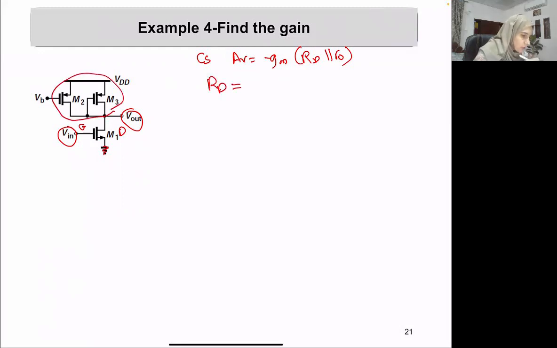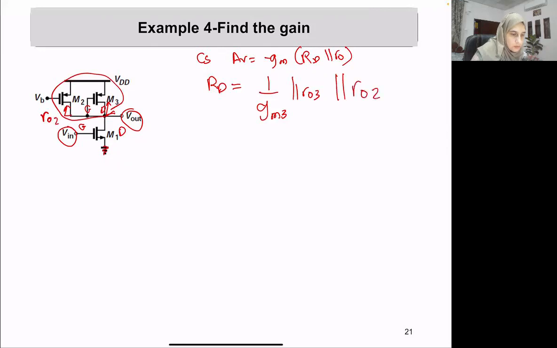On M3, we are seeing a diode connected transistor. Gate is shorted to drain, therefore its impedance is 1 over GM3 in parallel with the R out 3. And on M2, we see the drain side, so it's going to be R out 2.